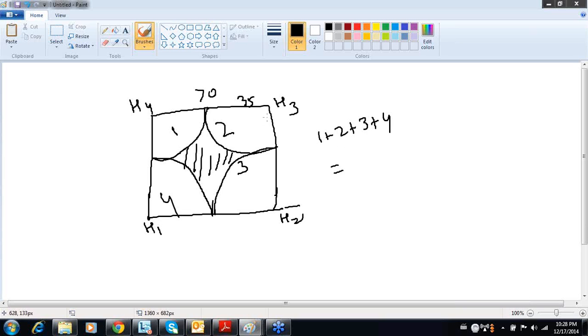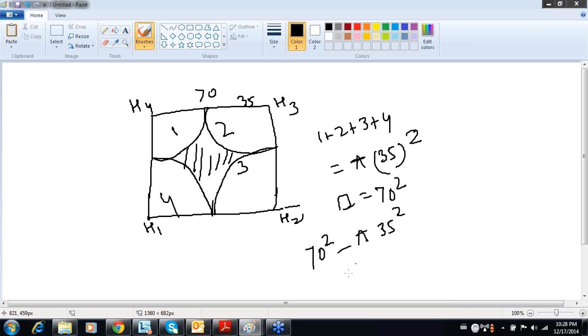The area of 4 sectors will be nothing but the area of a circle with radius 35. So it will be equal to pi r square, that is pi into 35 square. And the area of the square will be equal to 70 square. So the area ungrazed will be 70 square minus pi 35 square.